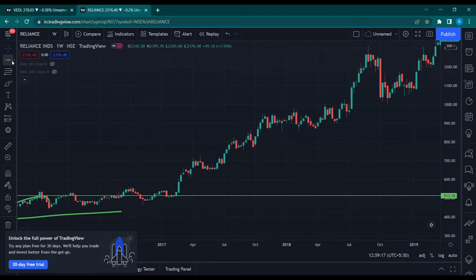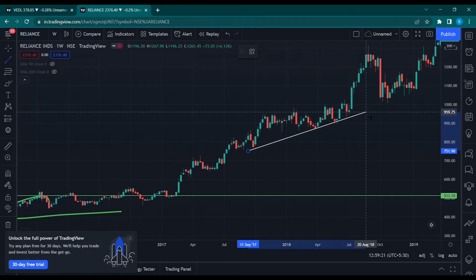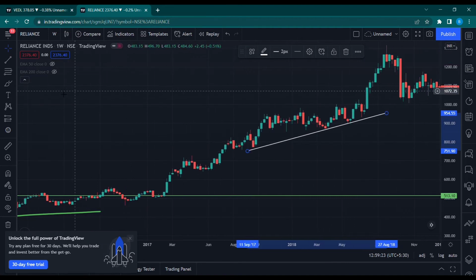Why is it so? Because in case of an uptrend, right, you know that the market's direction is on the upside, right? So if you buy at the support trend lines in case of an uptrend, you are having an additional confirmation, or you are having a conviction, right?